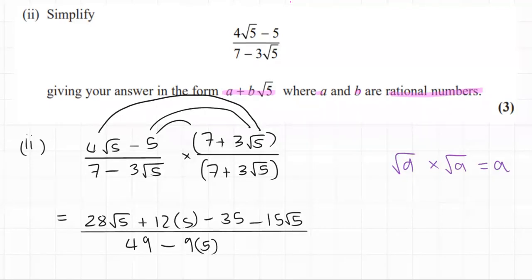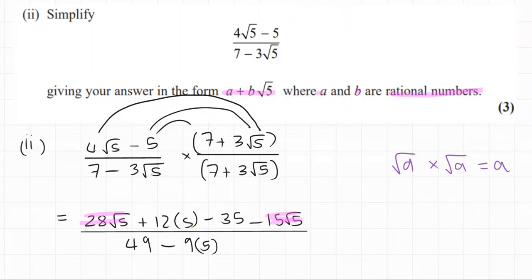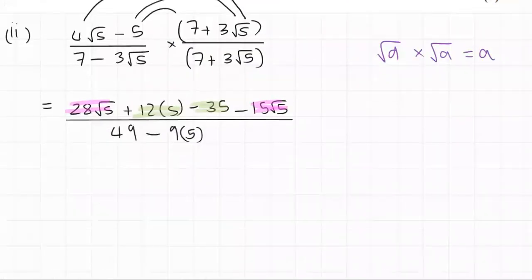Right, we have some like terms: the square root 5s, and we have the constants, 12 times 5 and 35. So this becomes 28 minus 15 is 13, so 13 square root 5. And 12 times 5 minus 35: 12 times 5 is 60, minus 35 is 25.